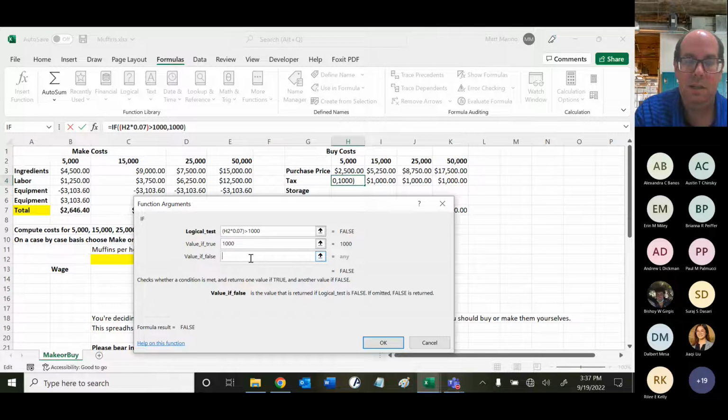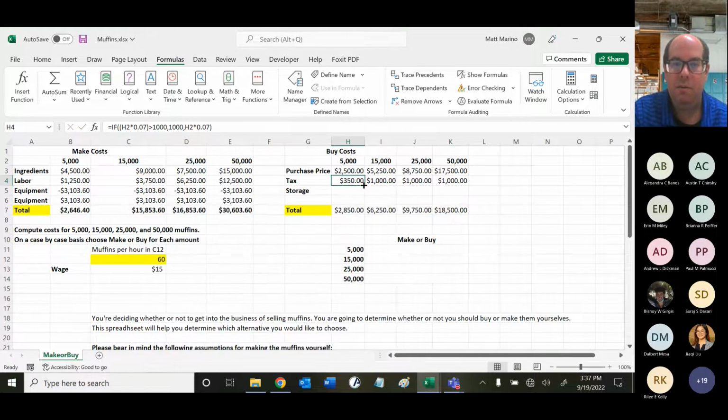Because that's what it said. If we go over 1,000, it's 1,000, right? But if it's false, it would be simply H2 times 7 cents. So if you put that if formula in like that and clicked OK, you'd get the same $350 you got before. But now if we autofill it over, it actually gives us $1,000 instead of us having to change it. See?